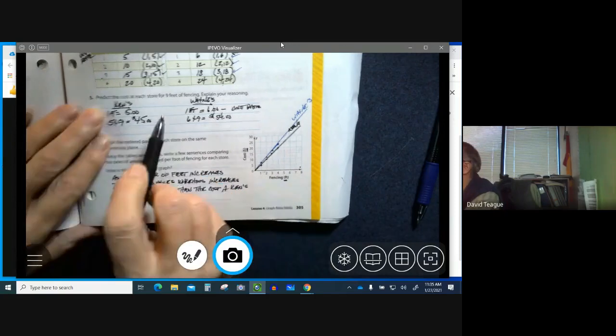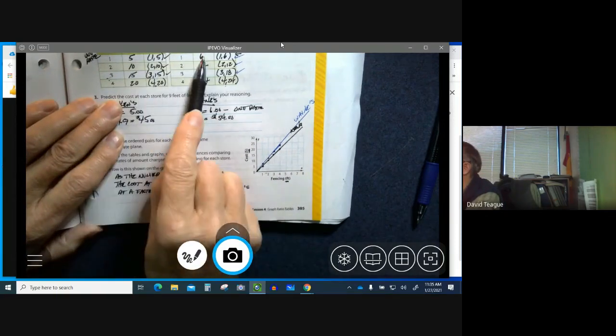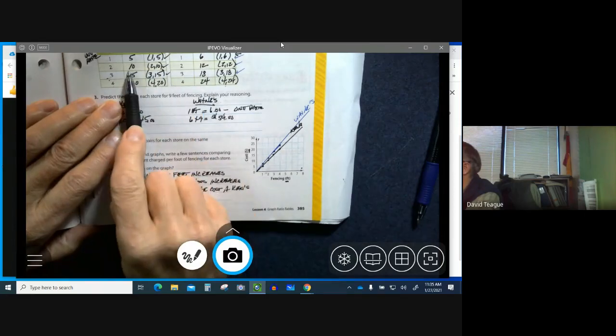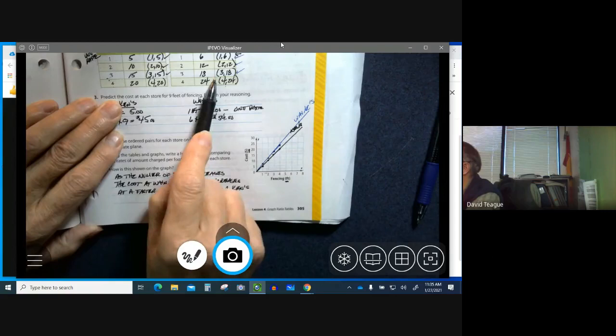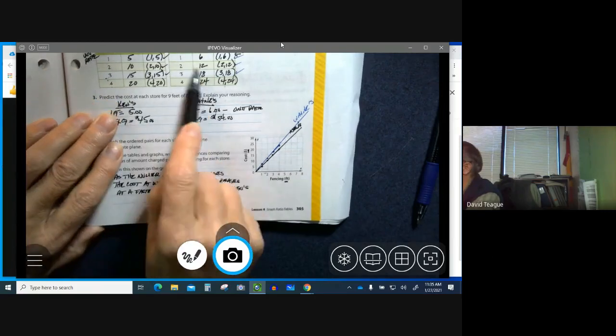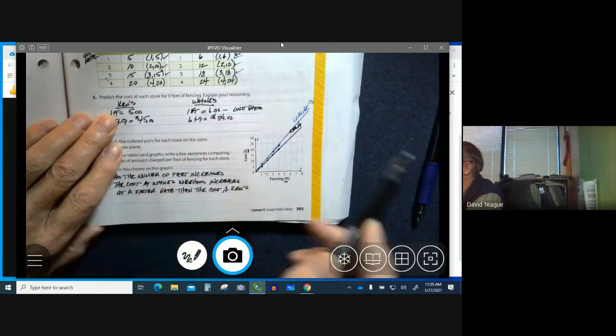So if you look at the chart here, see, this is Wayne's is higher here. Here, this is 10, this is 12, 15, 16, 17, 20, 24. So this is increasing at a faster rate than at Ken's.